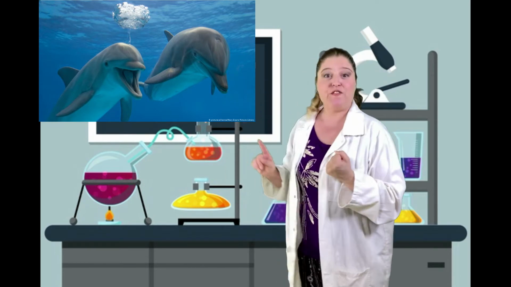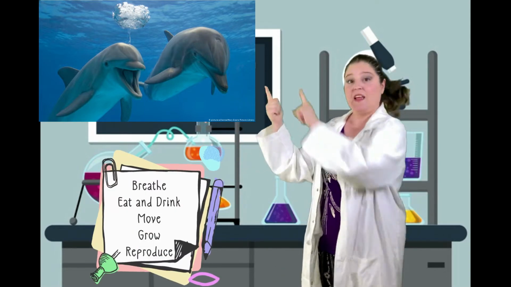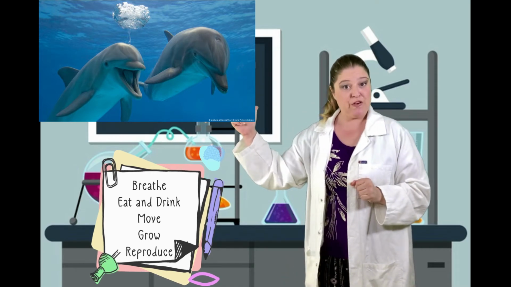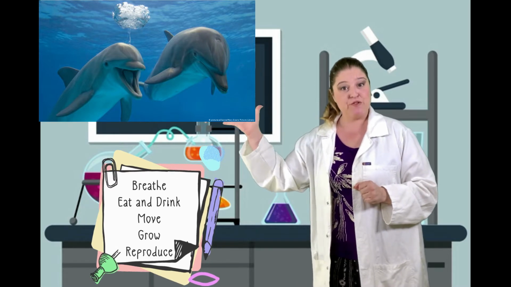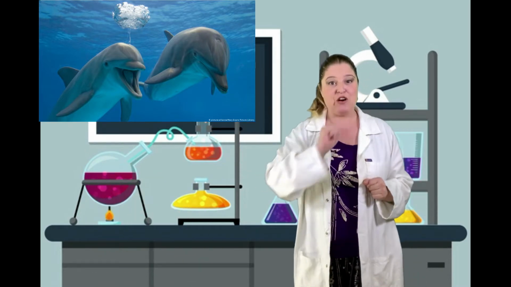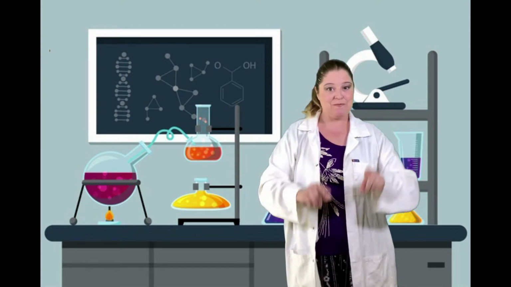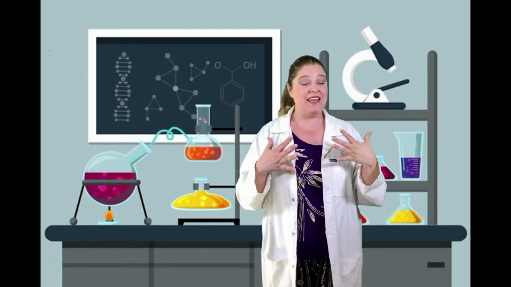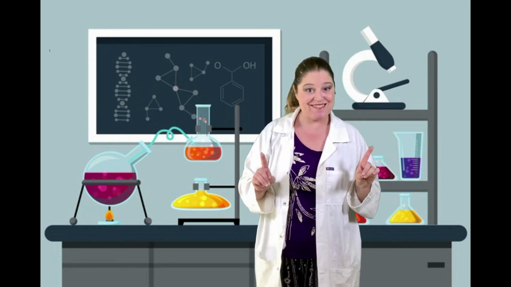We know that dolphins are alive because they breathe, they eat and drink, they move, they grow, and they reproduce. Those are the 5 life processes. Now, let us take a look at how we can sort animals into groups.